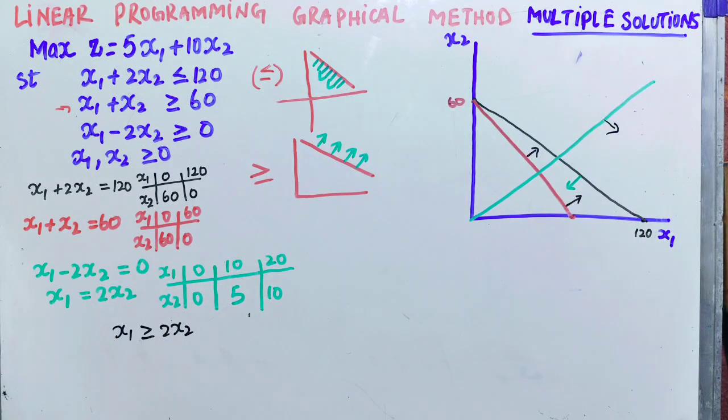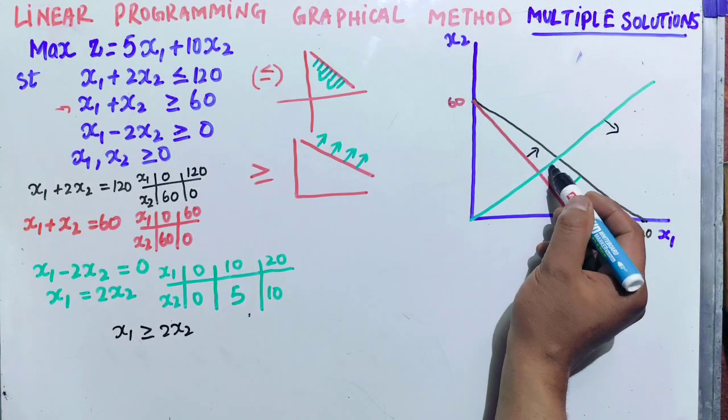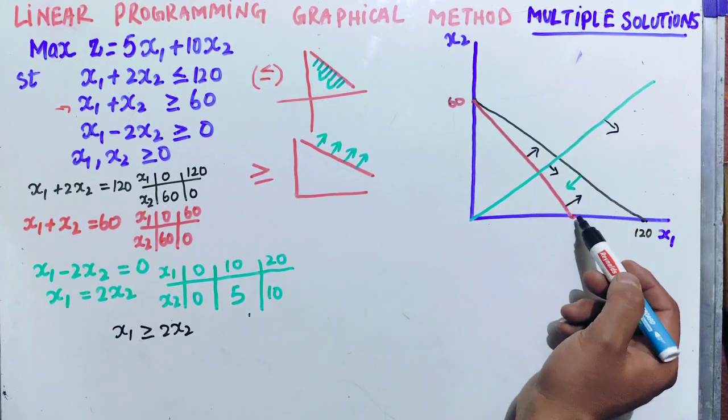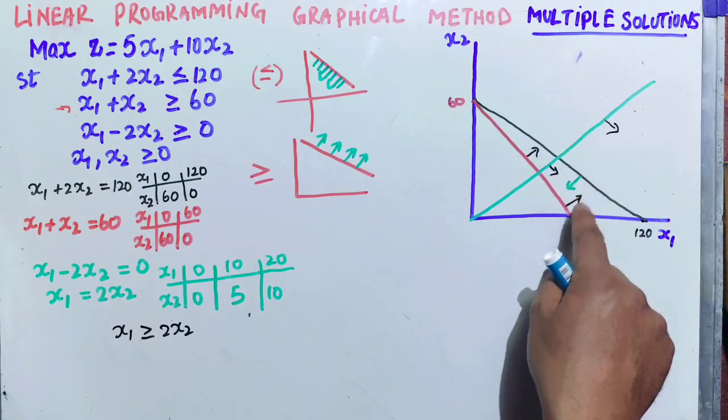Now we need to find out the common area. The feasible region is the area that satisfies all the constraints. Here you can see, the common area will be this very quadrilateral. So this will be our feasible region.